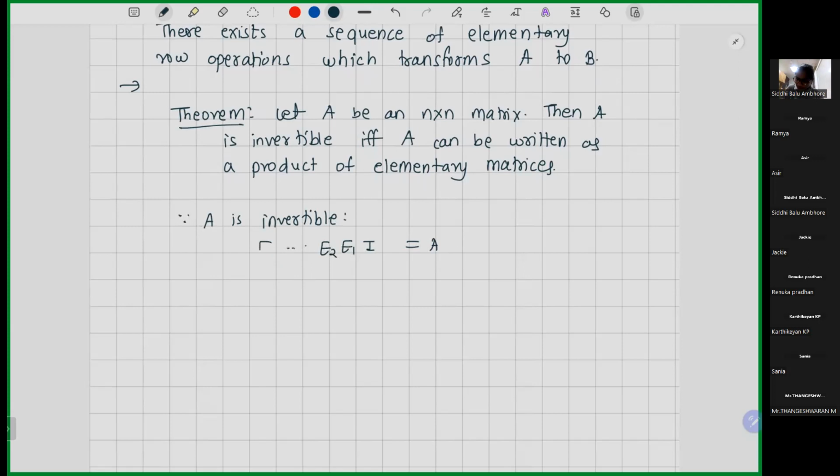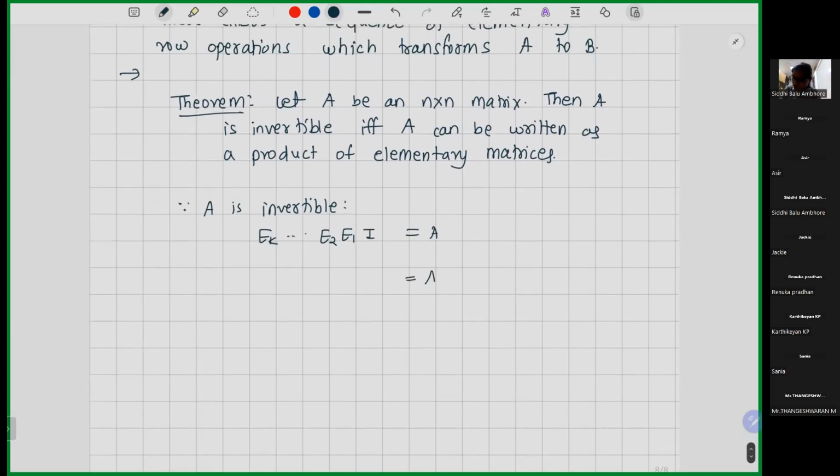Finitely many elementary row operations applied to the identity matrix, right? And similarly, it is also given in your lecture that A inverse is just EK inverse, EK minus 1 inverse, and so on, E1 inverse. Or let me write this as A1, A2, AK.